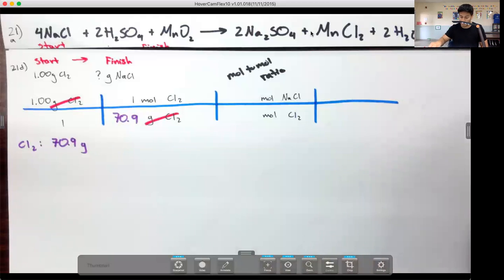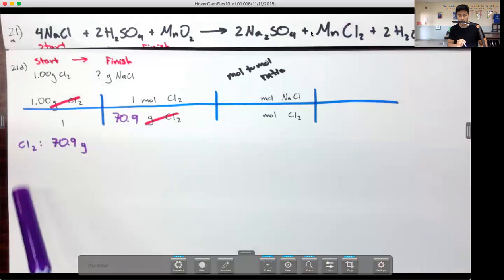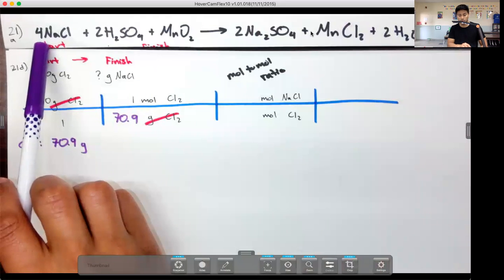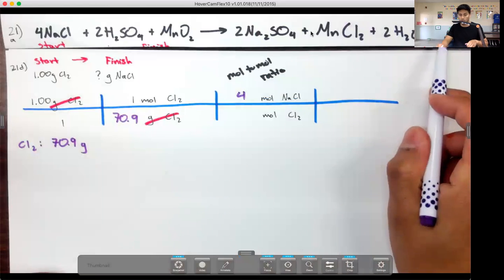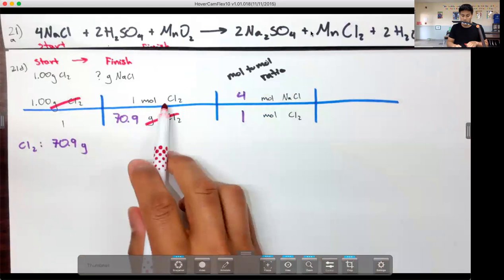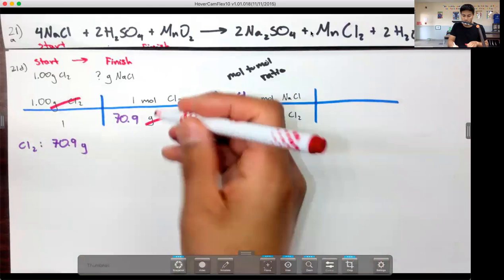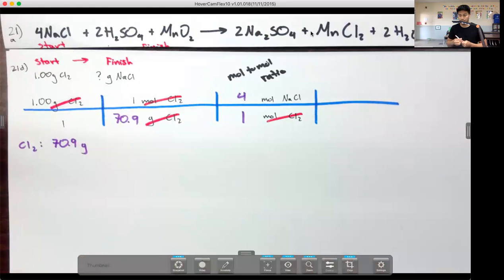So our mole-to-mole ratio from chlorine and sodium chloride is that there are 4 moles of sodium chloride per 1 mole of chlorine. All we do is look at the coefficients. With that ratio, we're able to make that jump from moles of chlorine into moles of sodium chloride, and we can cancel out the moles of chlorine.